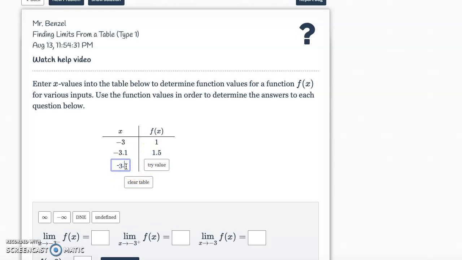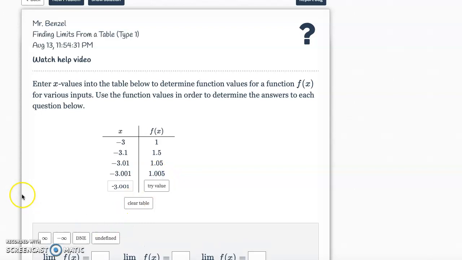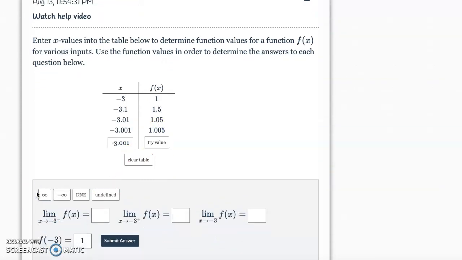Now I'm going to get a little closer to -3, so maybe I'll try -3.01, and I get 1.05. Or I could try -3.001. Remember, just to the left of -3. And I'm getting pretty darn close to the number 1. So I feel pretty confident that I will be approaching the number 1.